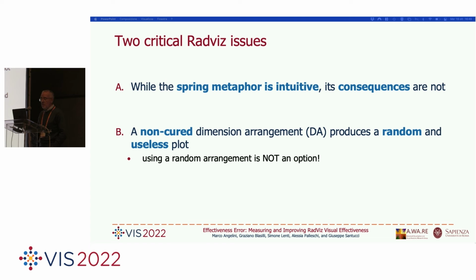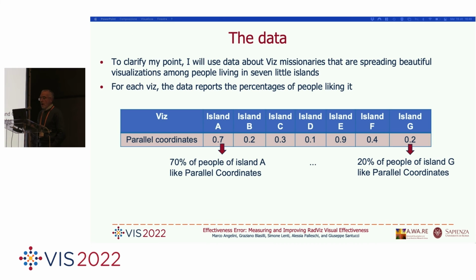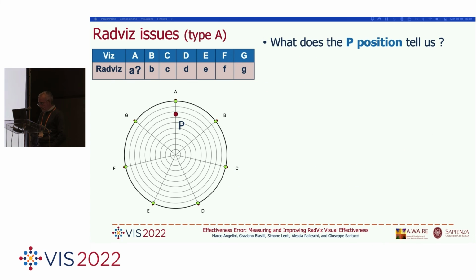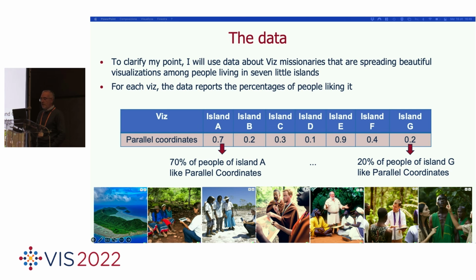In my opinion, using a random arrangement is not an option. To clarify my point, I'll use data about missionaries that are spreading beautiful visualization among people in 7 little islands, and for each visualization, the data report the percentage of the people that like that visualization.